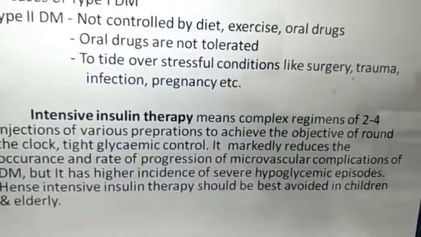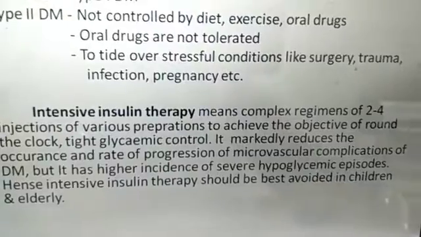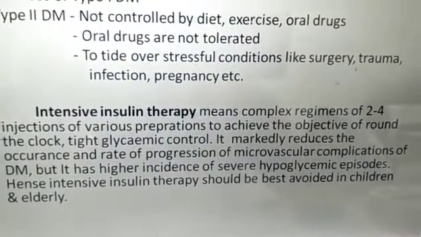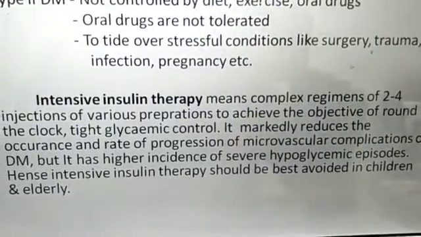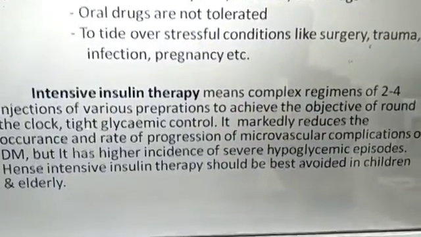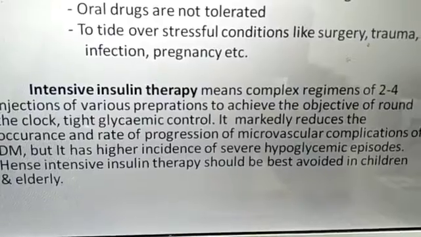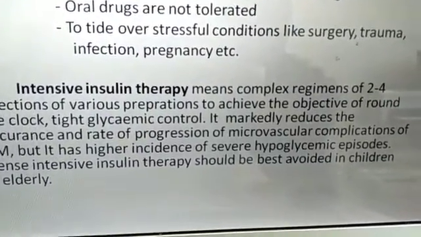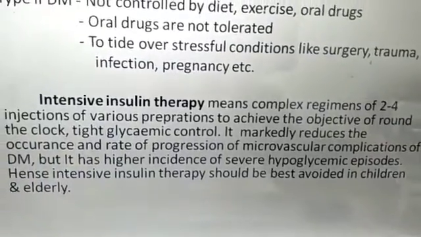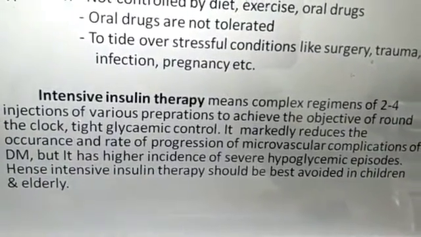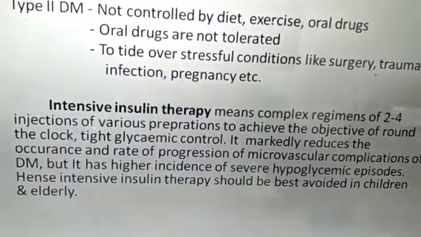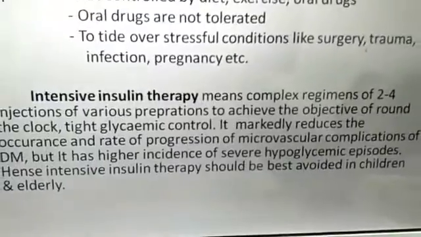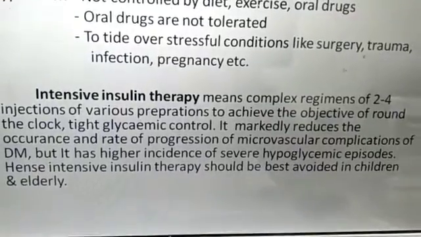So intensive insulin therapy has its advantages, it has its disadvantages. In intensive insulin therapy, various preparations are used, there are complex regimes, and there are multiple injections, 2 to 4 injections, and the aim is round the clock tight glycemic control, that at every time in 24 hours the blood glucose levels should be absolutely within the normal range.